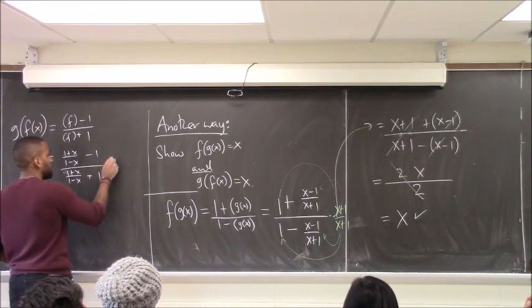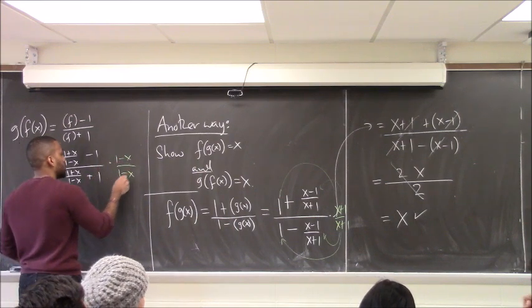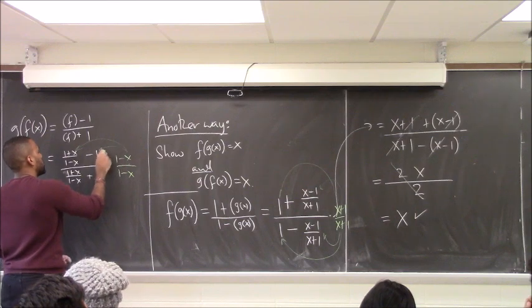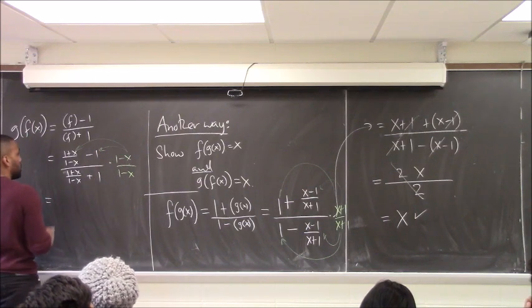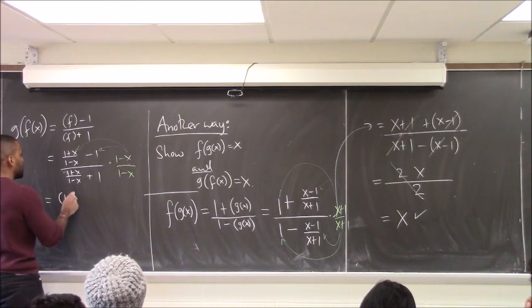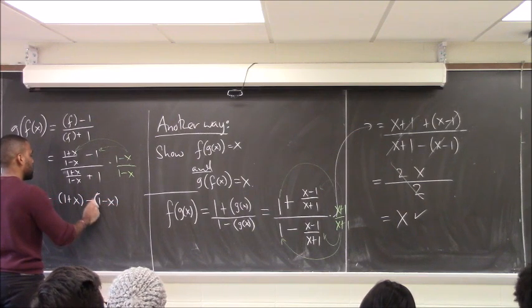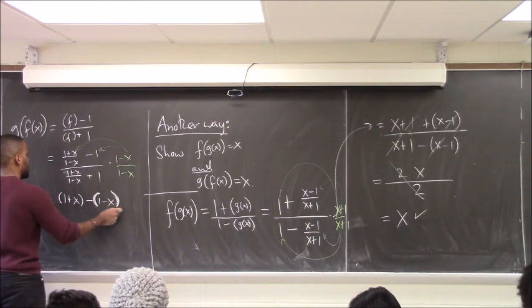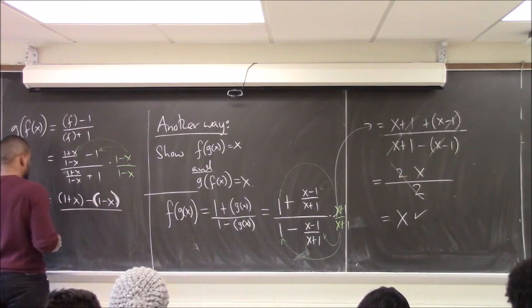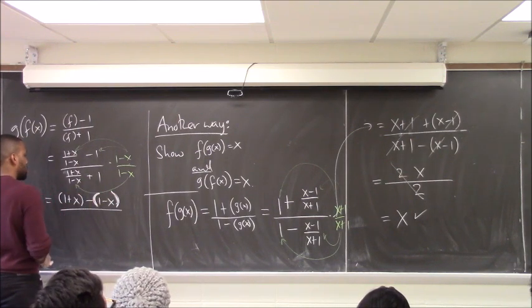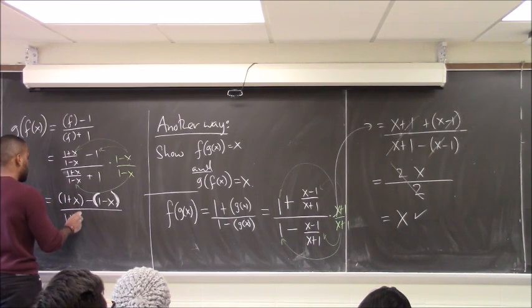In this case, the LCD is 1 minus x. Multiply these two. So you would get the denominators here would cancel. Here you would have 1 minus x. Don't forget the parentheses. And multiply this by this. The x minus 1s would cancel.